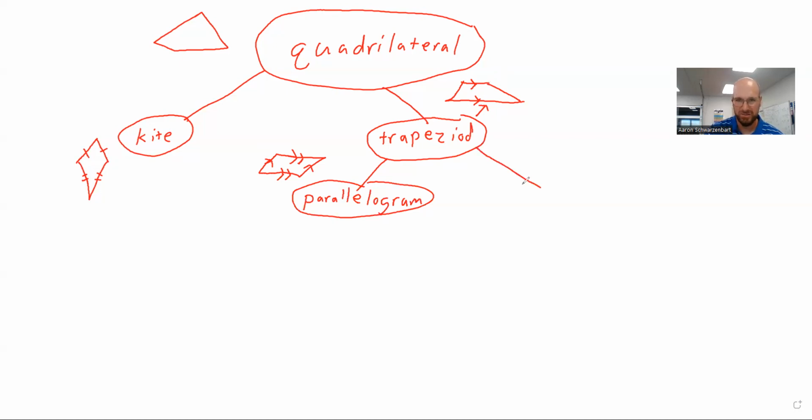There's another trapezoid called an isosceles trapezoid. With an isosceles triangle, you have a pair of congruent sides. With an isosceles trapezoid, the non-parallel sides are congruent.